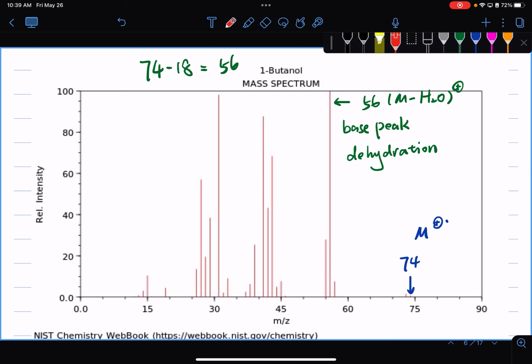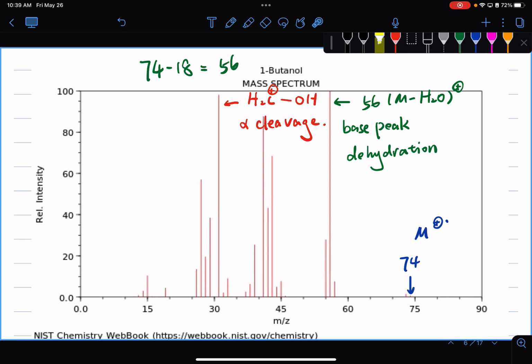So we have a big peak here, and that's corresponding to your alpha cleavage. So pretty straightforward. We give you the molecular structure, we give you the spectrum, and you assign peaks to specific transformations and to specific types of peaks on your mass spectrum.